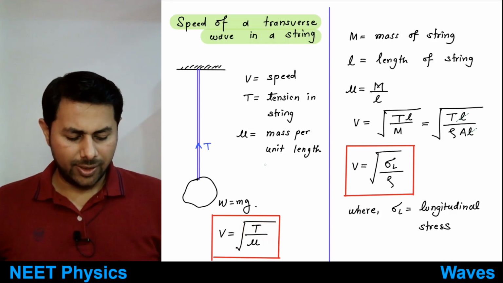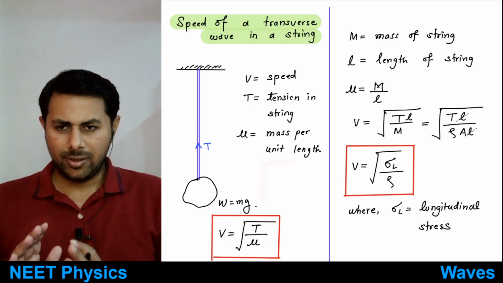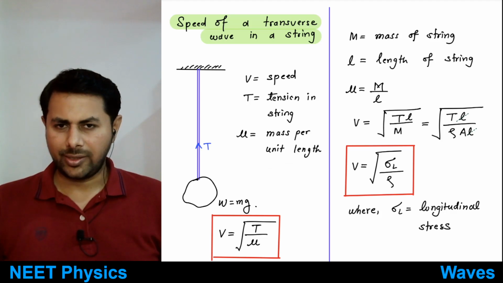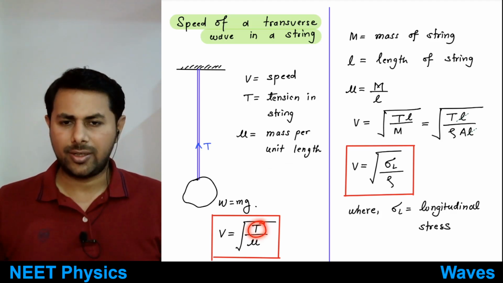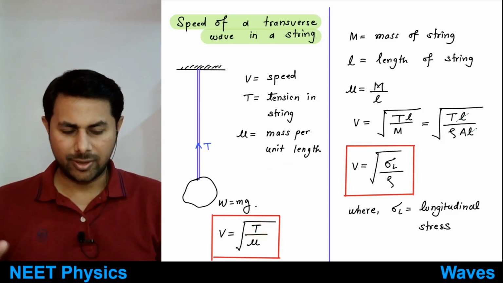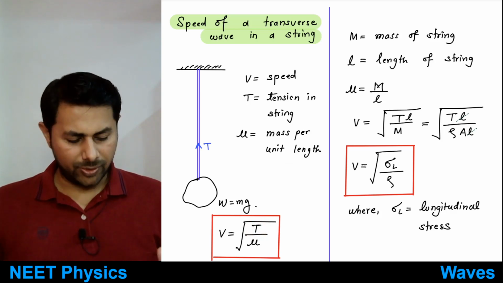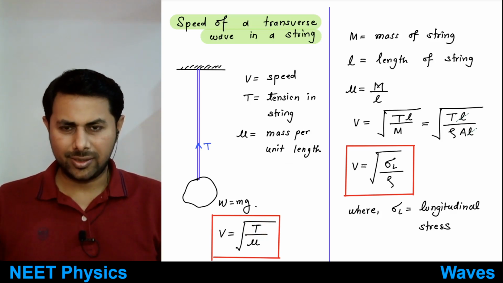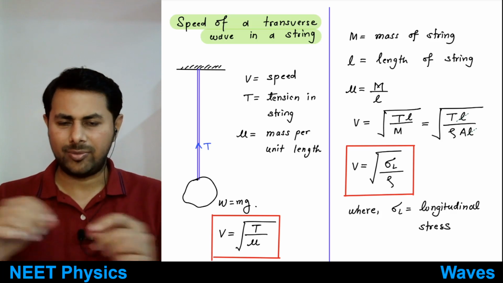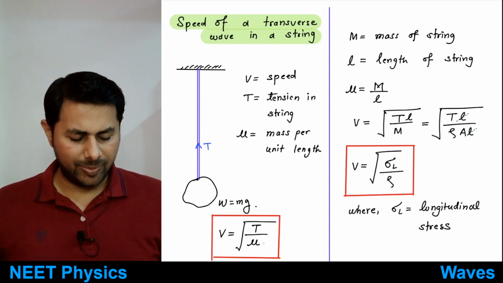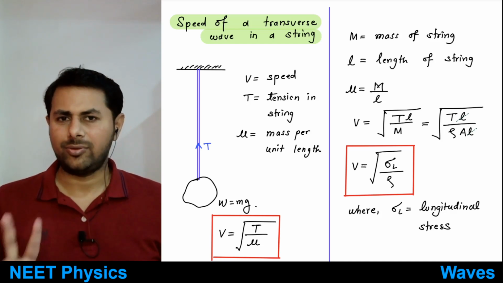So see here, now it depends on two things. One is the restoring force, or you can say the elastic property of the medium, and it depends on the inertia of the medium. So speed depends on two things.